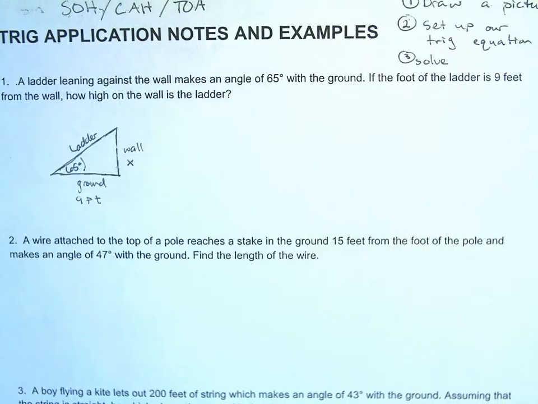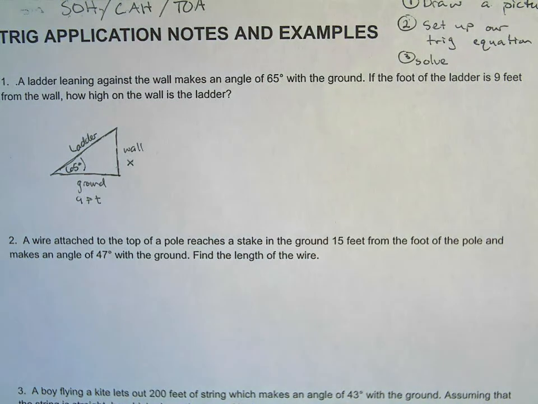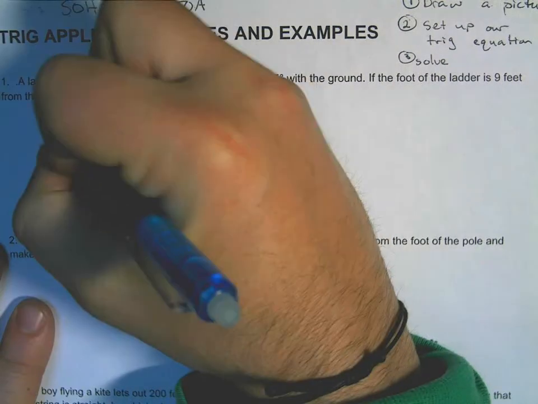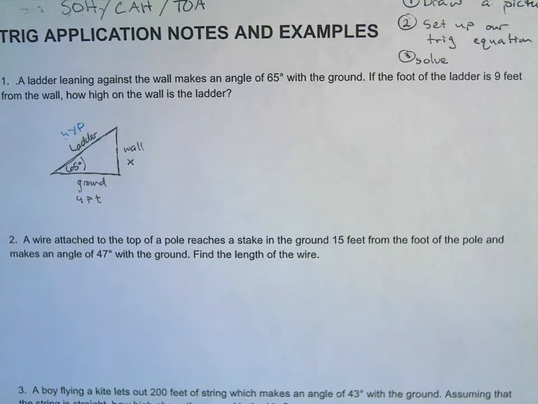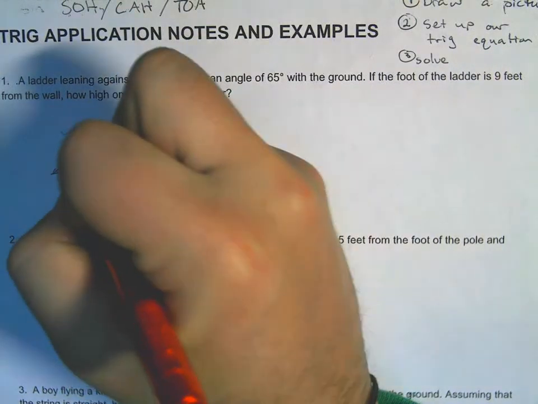Here's our x. Okay, so now that we have our picture drawn, we can label and then set up our trig equation. We're going to label our hypotenuse as the ladder itself. We have our focus angle right down here, the 65 degrees.